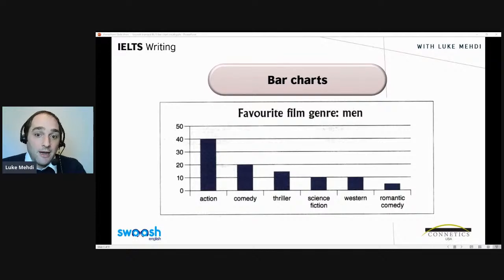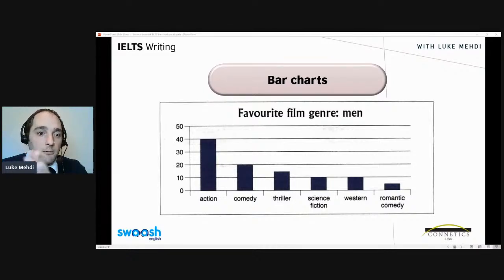And we have a clear minimum as well, romantic comedies. In terms of the other data in between, comedies we've got coming in second highest, thrillers in the middle, science fiction and Western, that would be very good data to group together. So we can group both of those numbers, cover them in one description.